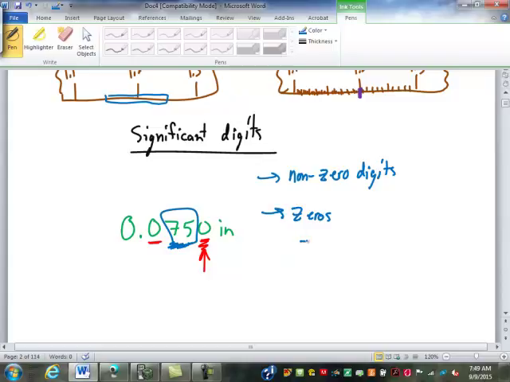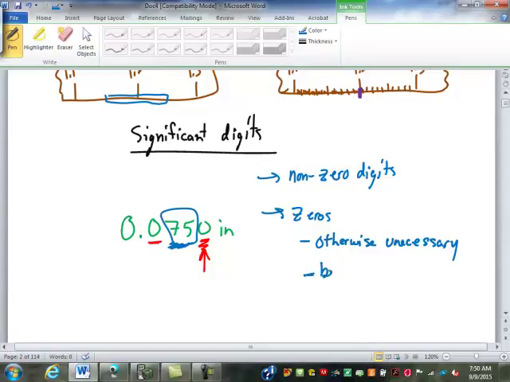Zeros are only significant if they are what we call otherwise unnecessary. That's kind of a fancy term, but what it means is if we could take those zeros out and it would not change the meaning of the number, then they must be there just for the measurement, so they become significant to the measurement.